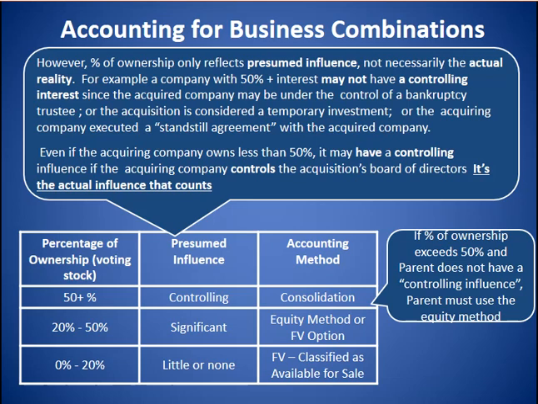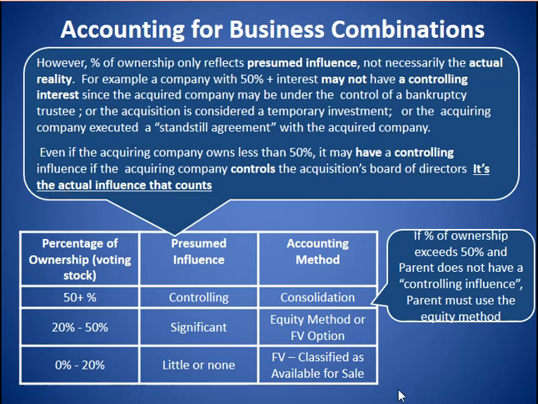Now, it goes the other way too. Even if the acquiring company owns less than 50% of the voting stock, it still may have a controlling influence or interest in the company if the acquiring company controls the acquired company's board of directors. So even though we have these numbers as guidelines, we still have to consider it's the actual influence that counts.